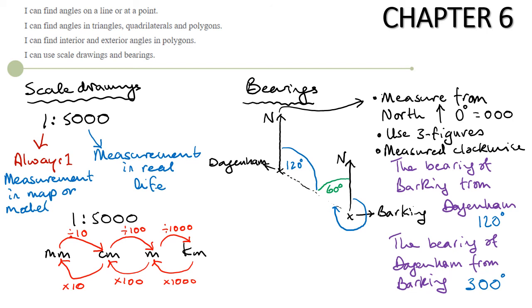So we can use the rules for parallel lines to help us answer these questions, because north lines like this are always going to be parallel. If I've got something like this, these are parallel, and I know these angles add up to 180 degrees, which helps us find the solutions to these problems.